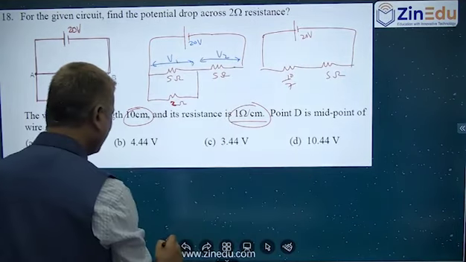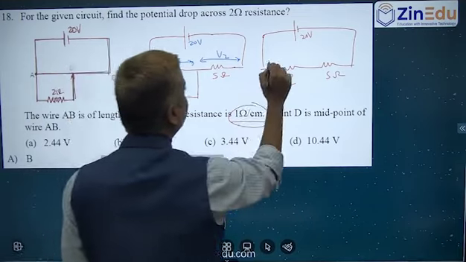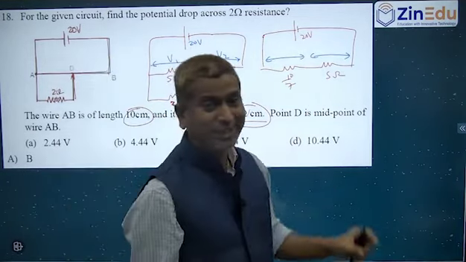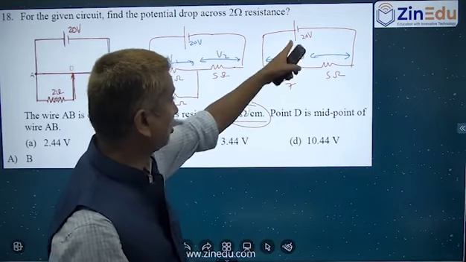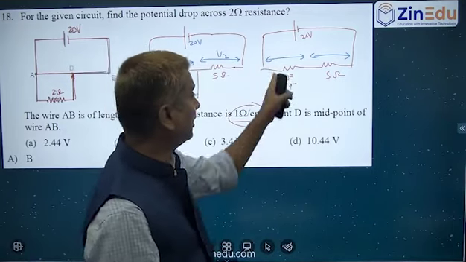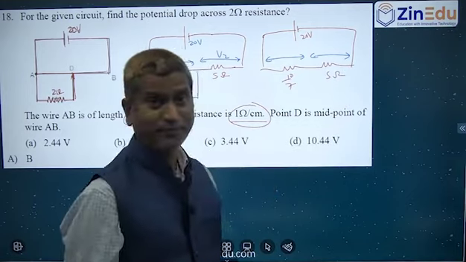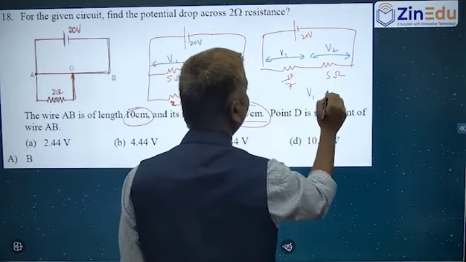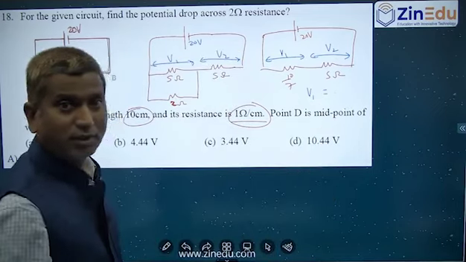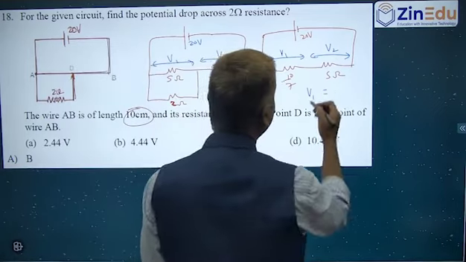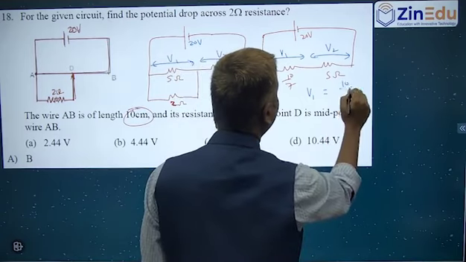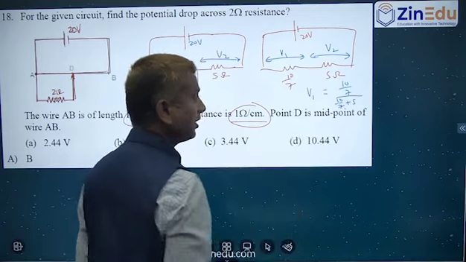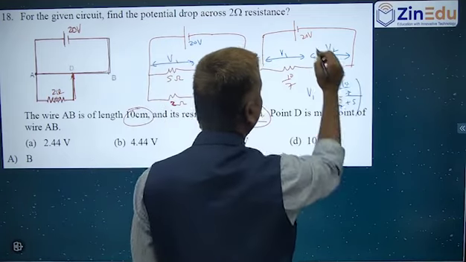So the total 20 volts is divided between V1 and V2 in the ratio of their resistances, because the current is the same, right? So you can write V1 is equal to, in the ratio of the resistance, 10 by 7 upon 10 by 7 plus 5, that is R1 by R1 plus R2, times the total, that is 20.